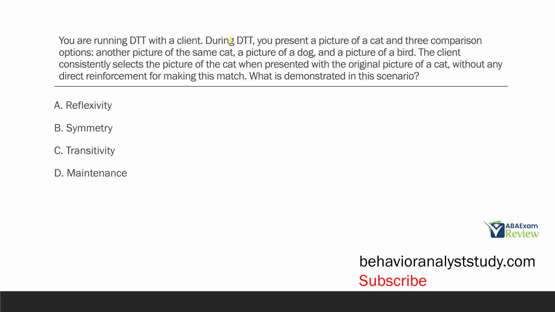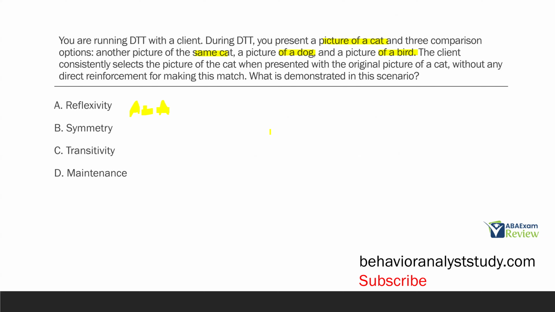In this case, we have a client that you are giving a picture of a cat. The 3 options to compare, to match, are the same cat, a dog, and a bird. Now, when we match identical stimuli, what do we consider that? Well, we consider that reflexivity.